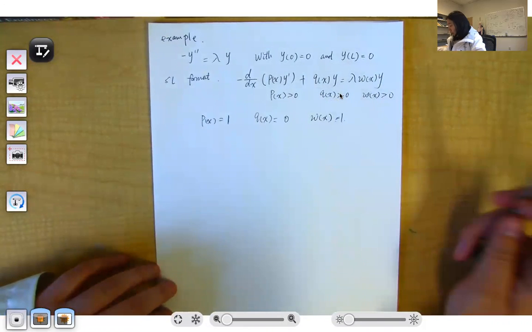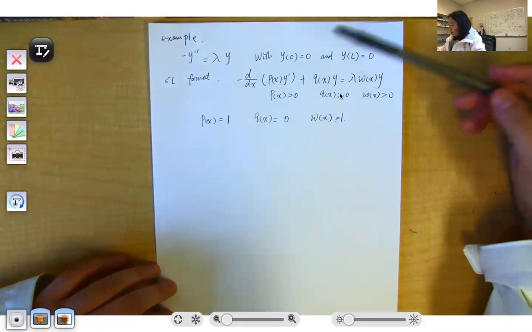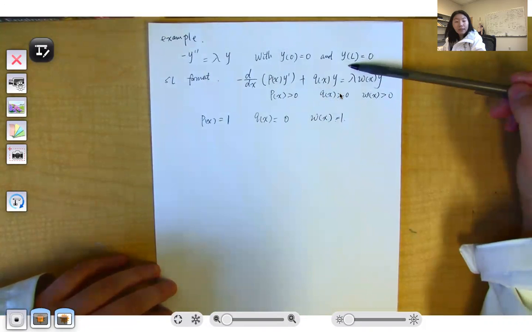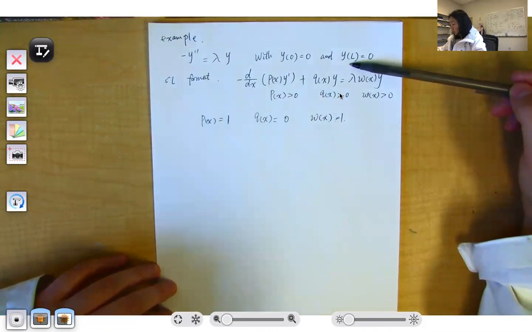Then let's see the boundary conditions. So we have y(0) equals 0, y(L) equals 0. What do the homogeneous boundary conditions need to be?